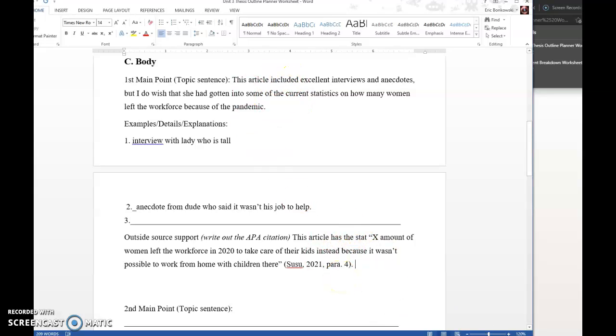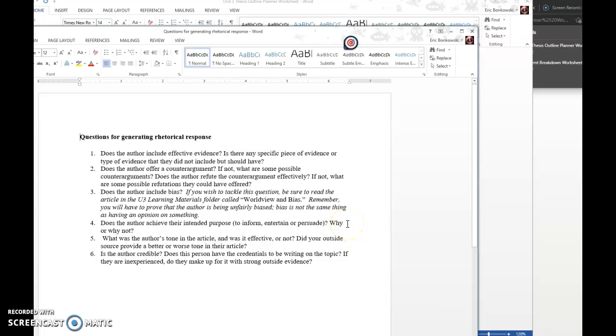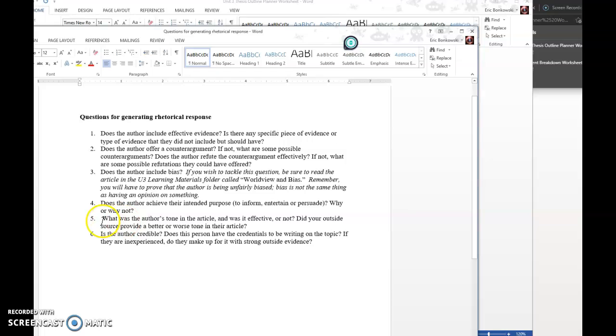So you can see that some of these questions give you an opportunity to think about how you could incorporate your source. So for example, what was the author's tone in the article and was it effective or not? Did your outside source provide a better or worse tone in their article? You can use the comparison between the two articles there to really say whether or not the article you're evaluating, which is to say article number 2, reading number 2, that's the one you're evaluating.